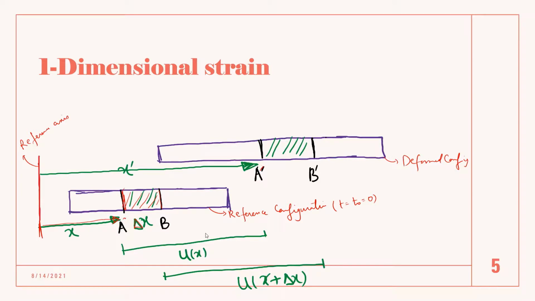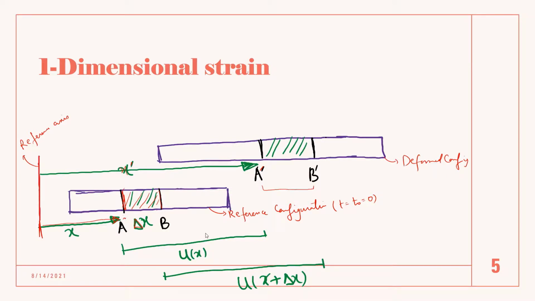So with respect to the reference axis, the displacement would be x prime of this point A prime. So A prime B prime is the elongated part of AB. So we have to know what is the elongation here and what is the strain developed in this body.